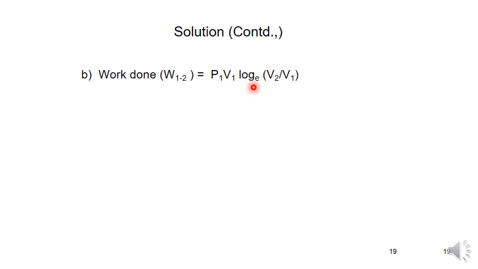But I am writing here P1 V1 log e V2 by V1 because they gave V1 and V2 in the data. P1 150, 0.1, log 0.5 divided by 0.1. If you substitute P1 by P2 also you will get the same answer. So try it yourself.